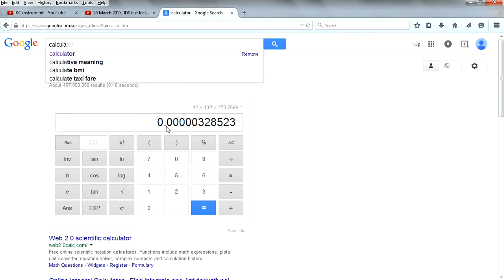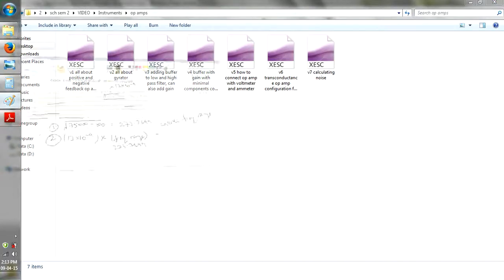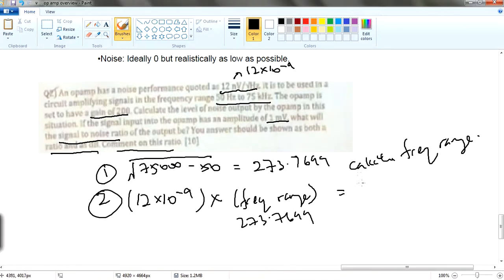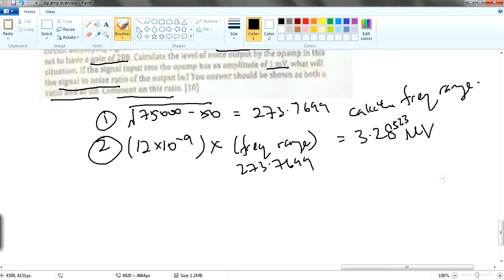I have 3.28523 nanovolt, I mean 3.28523 times 10 to the negative 6 volt.